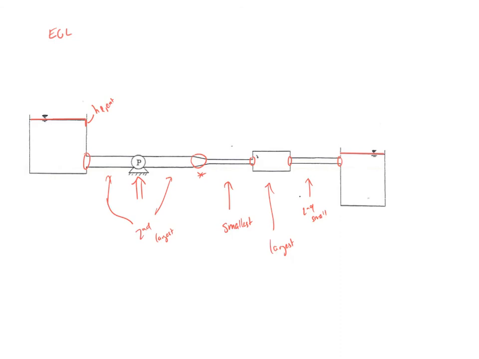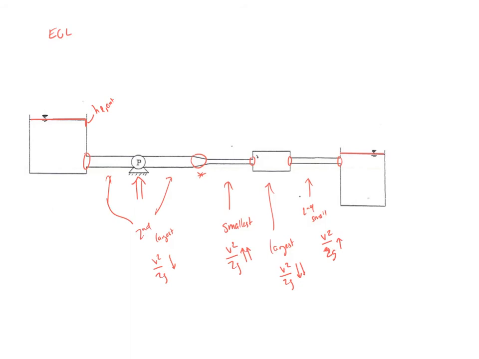Because I'm thinking about the slope of my line. The largest pipe is going to have v squared on 2g the smallest. The second largest is going to have v squared on 2g the second smallest. The second smallest pipe is going to have v squared on 2g pretty big. And the absolute smallest is going to have v squared on 2g double big.